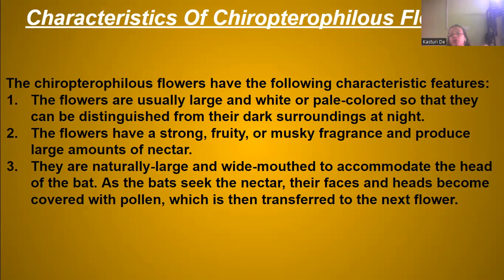So the flowers have to have a strong, fruity, musky fragrance. They should produce a large amount of nectar so the bats can be attracted. They are naturally large and wide-mouthed to accommodate the head of the bat. As the bat seeks the nectar, its face and head become covered with pollen, and when it goes to the next flower, it transfers the pollen to the stigma of the next flower.